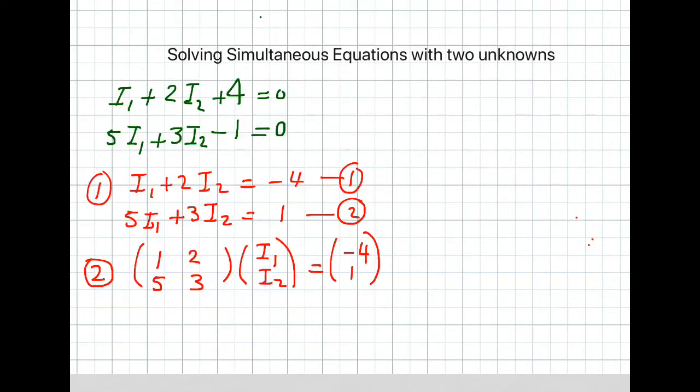So that is the same two equations, but we put it in a matrix format.